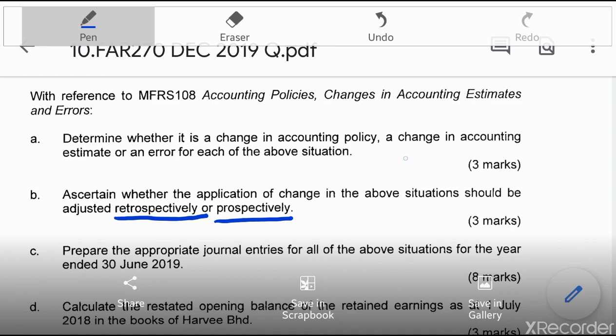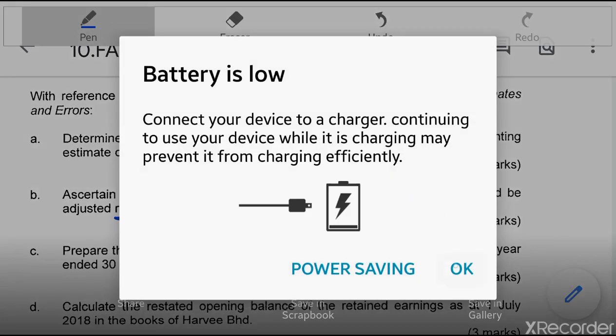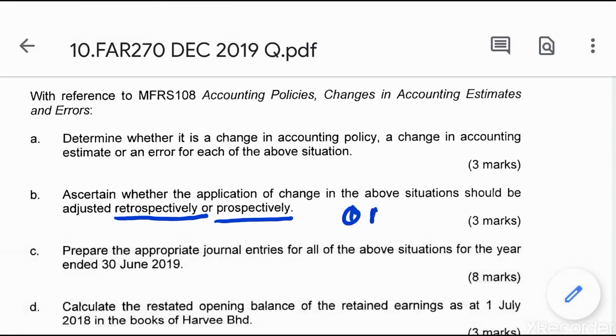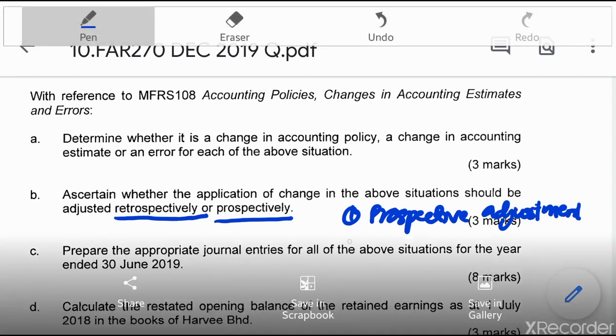Earlier you know that under situation 1, it is a prospective adjustment, because there was a current error in the current year.